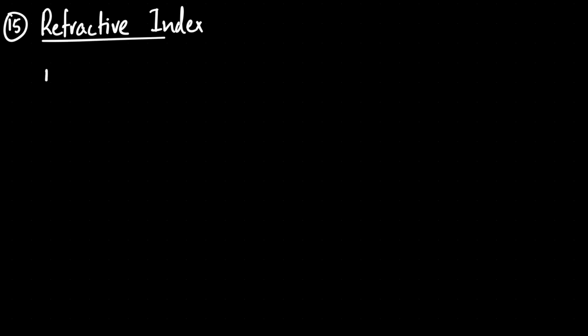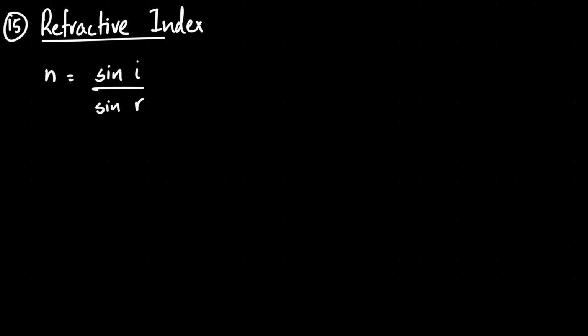Let's do another one, and this time out let's talk about the refractive index. Now again, you might remember the refractive index from your O levels, where it is defined as sine i over sine r.